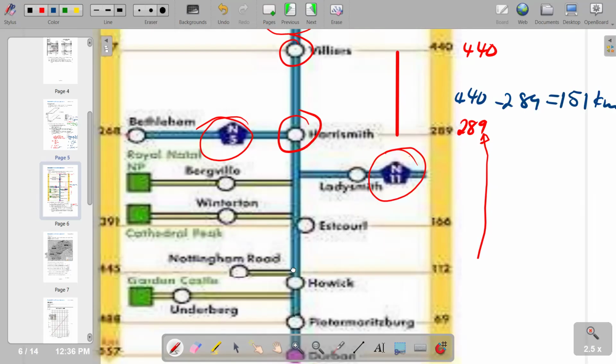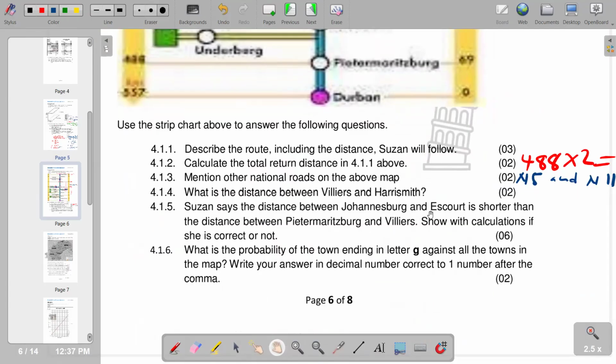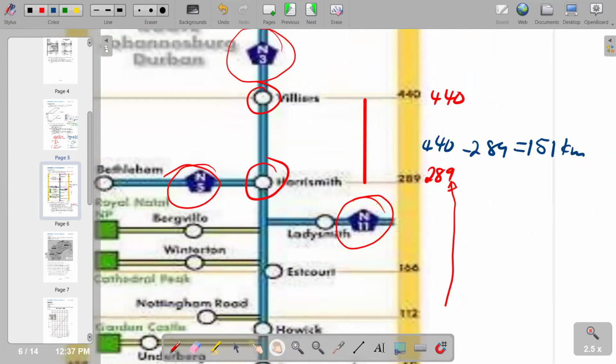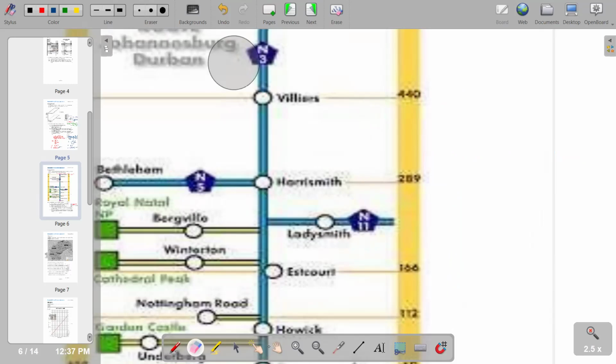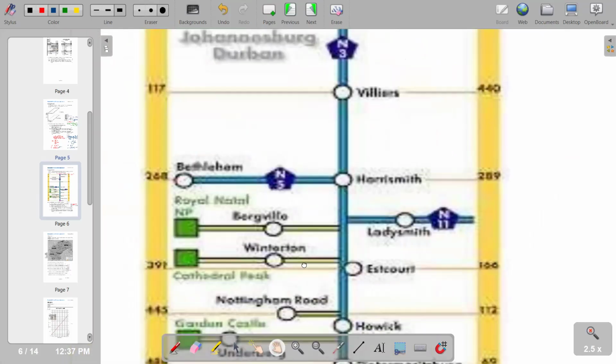Then for the next question, Susan says the distance from Johannesburg and Estcourt is shorter than the distance from Pietermaritzburg and Villiers. So calculate if she is correct or not. So we can start with Johannesburg and Estcourt and see what distance do we have. Of course, Johannesburg, we have it here.